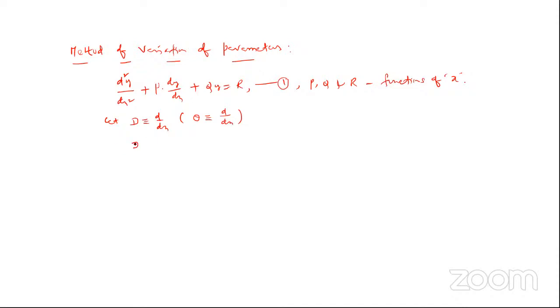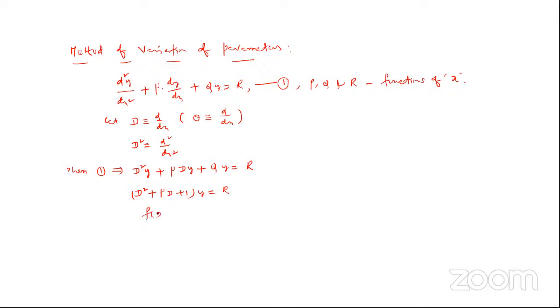So what do you mean by D square now? D square is the same as d square by dx square. Then equation 1 becomes D square y plus p into D y plus q into y equal to r. So this is of the form D square plus p D plus q, into y, equal to r.